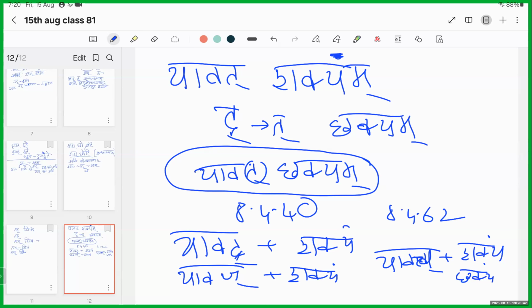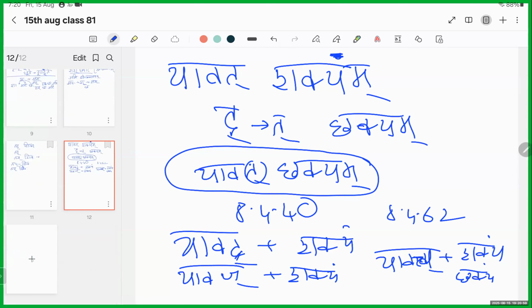Then another example. I'm just looking at what examples Bhainikara has given. So it is yavat shakyam. Then jagat shanti. Example is jagat shanti.